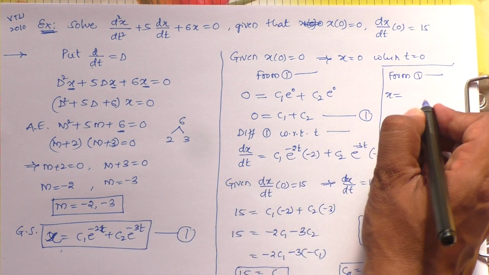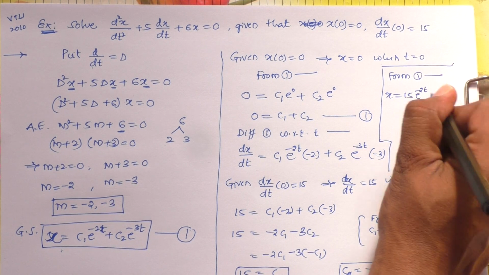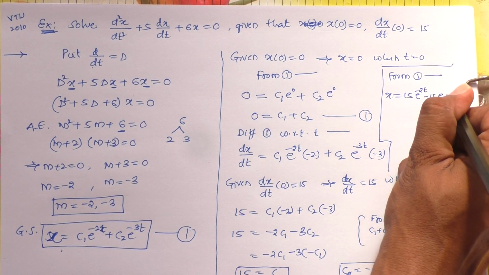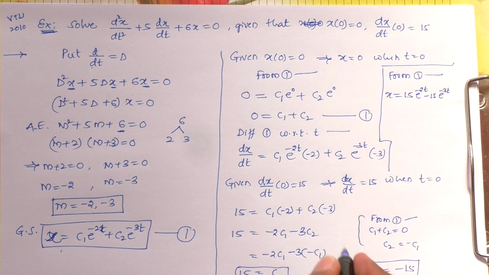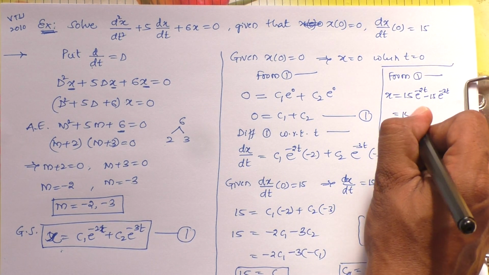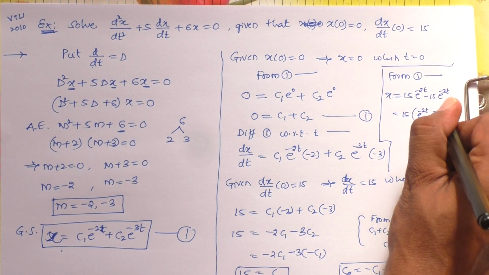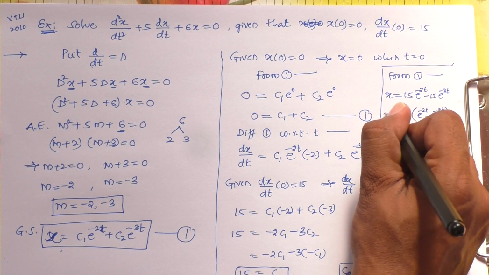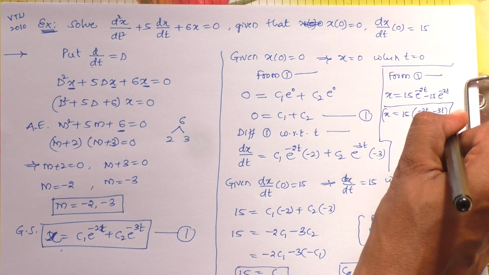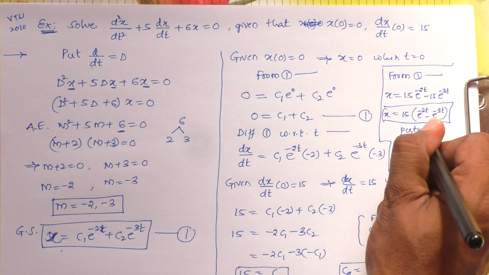Substitute here: 15 e raised to -2t minus 15 e raised to -3t. So here the common factor is 15. If you take 15 outside into the bracket, e raised to -2t minus e raised to -3t. So this is the final answer, which is also called the particular solution.